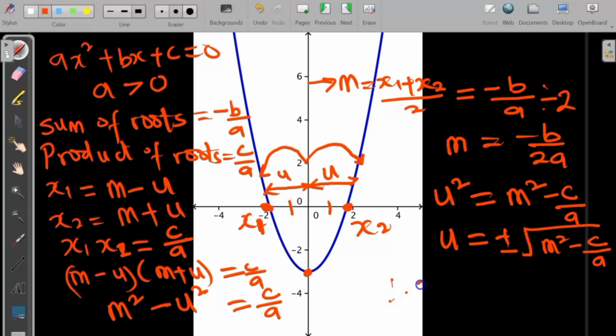Therefore, x1 will be M minus U, and x2 will be M plus U.